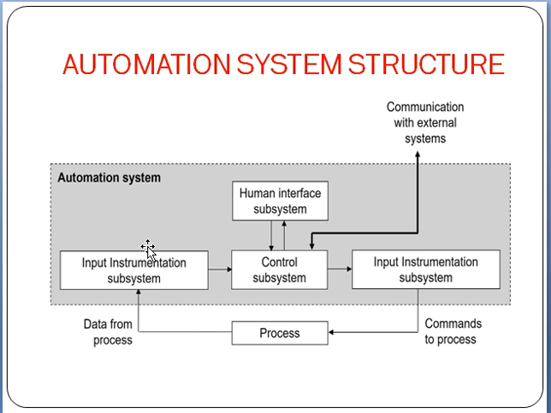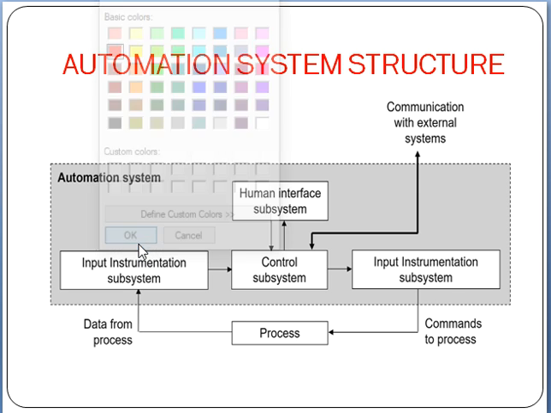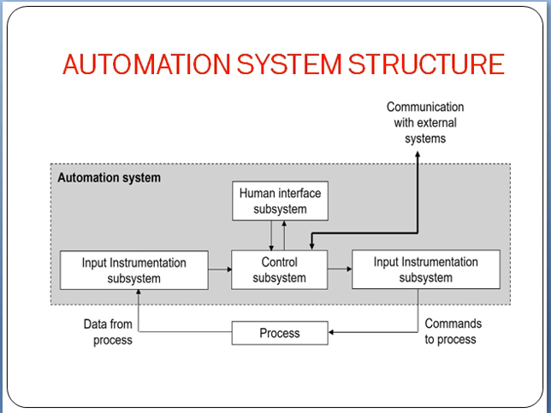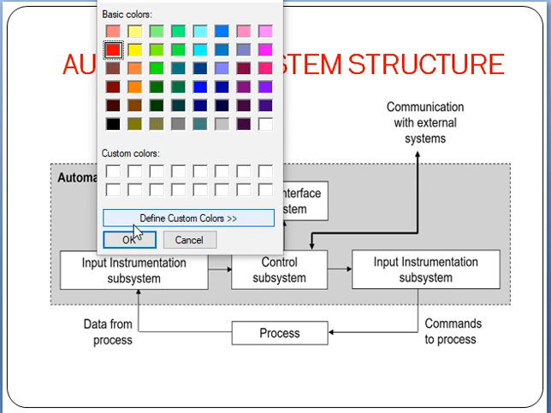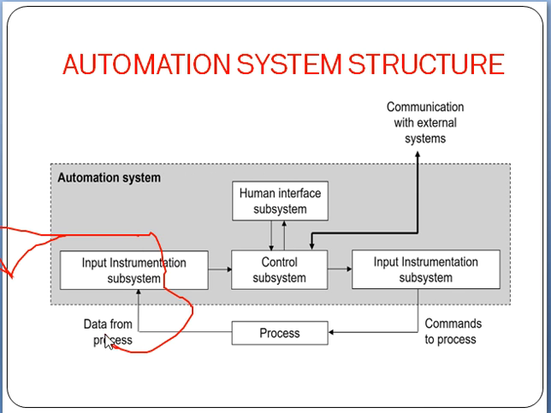First one is instrumentation subsystem. Second is HMI and third is control subsystem. We can say that through these three subsystems automation is working.